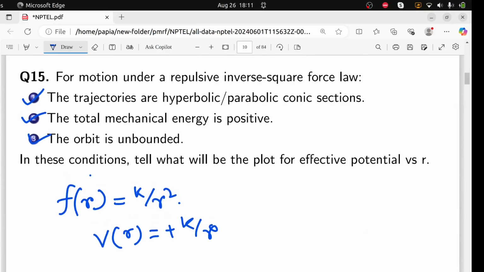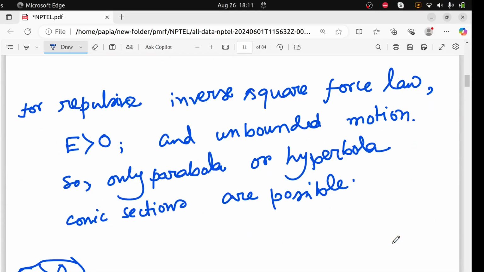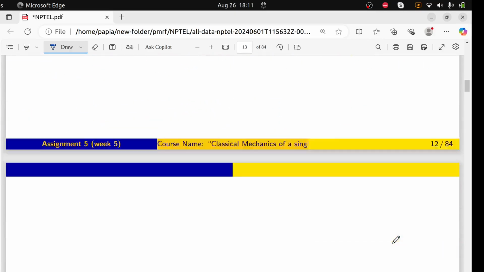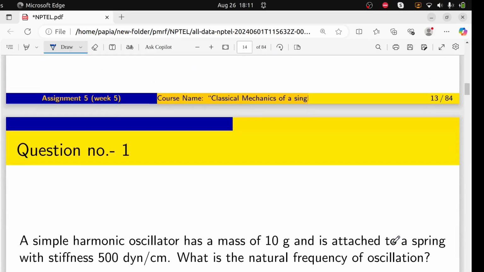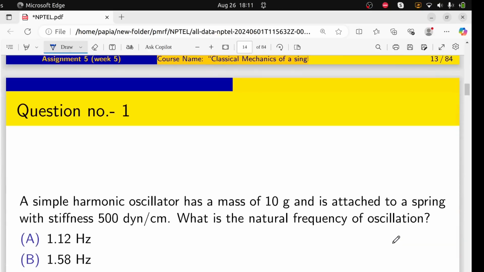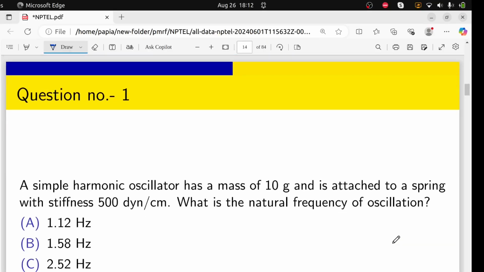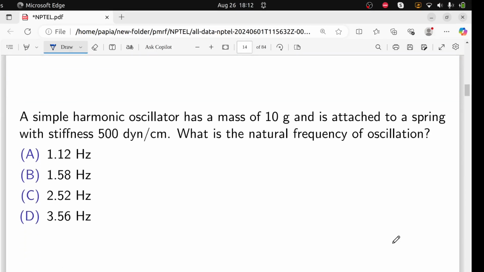Okay. So these two questions were there from the previous week, which I thought I should mention here in this lecture. Now coming here to question number 1. For this class, basically what we will do is this.